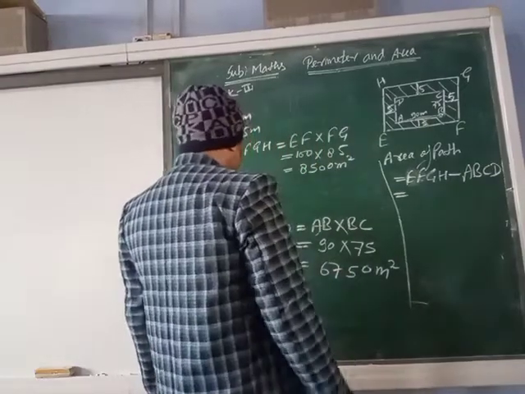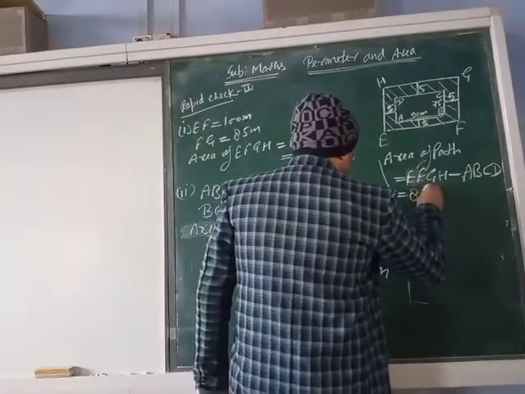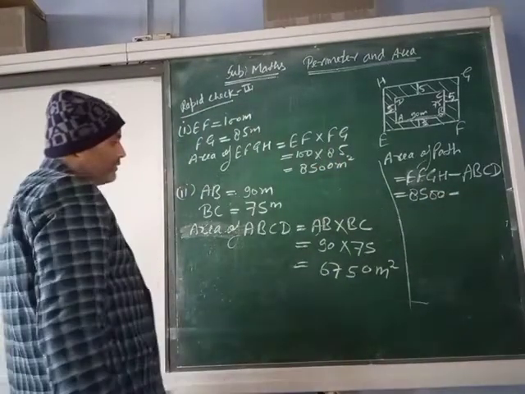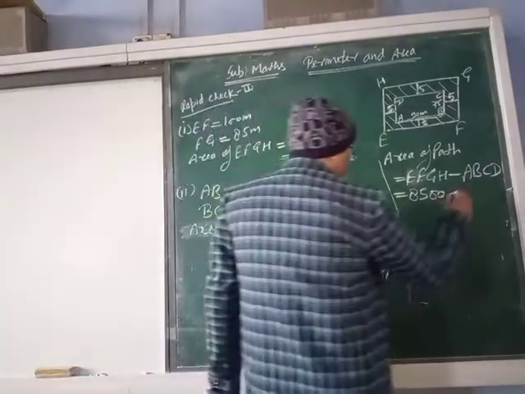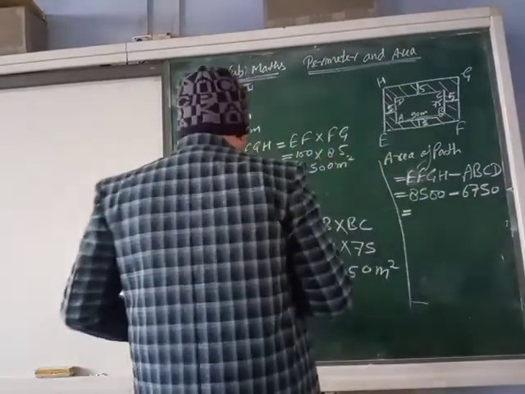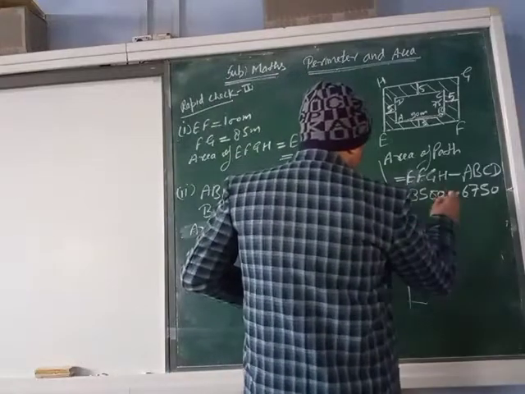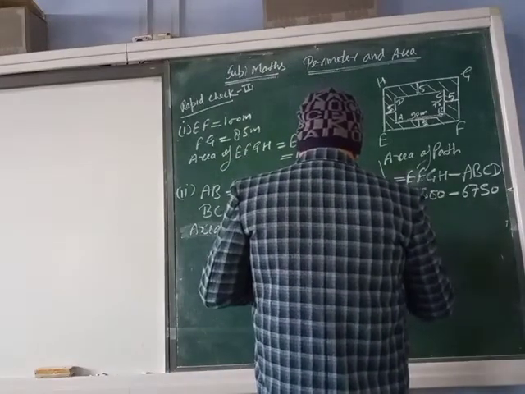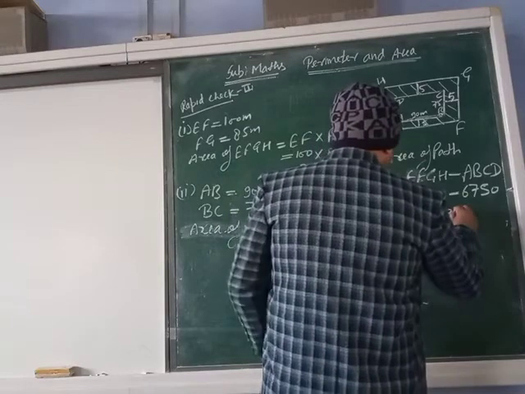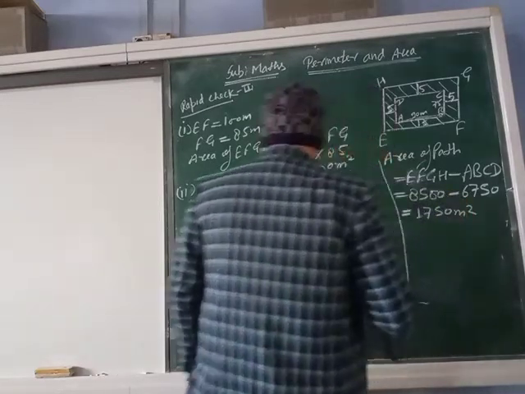What is the area of EFGH? That is 8500 minus 6750. When you subtract this, you will get 1750 meter square.